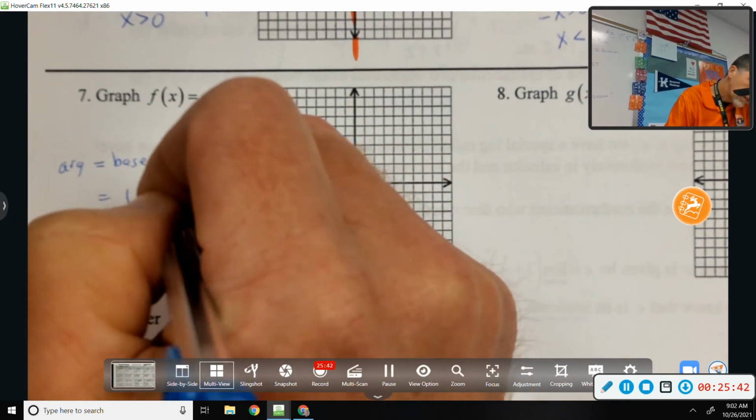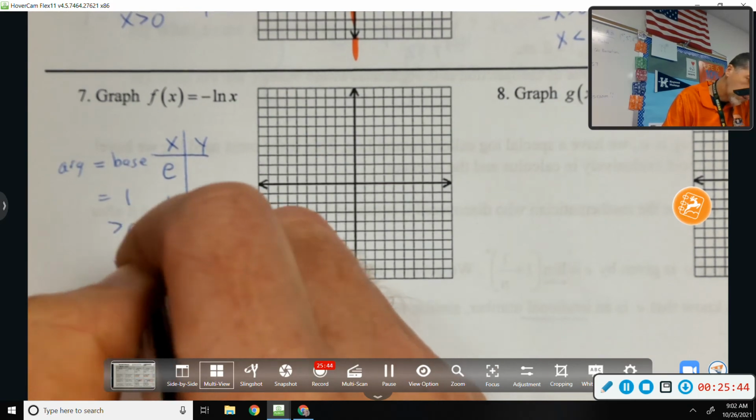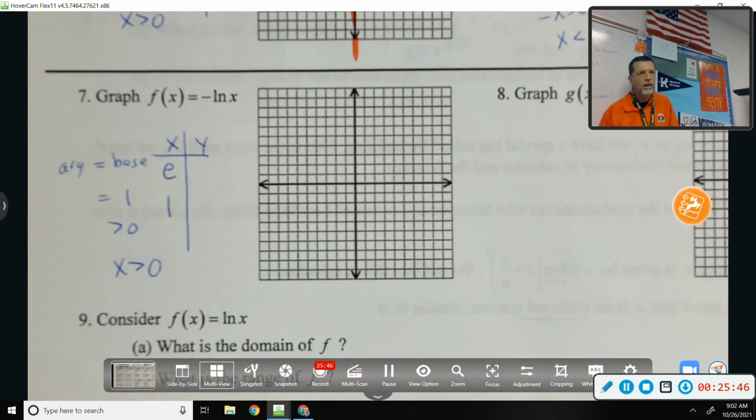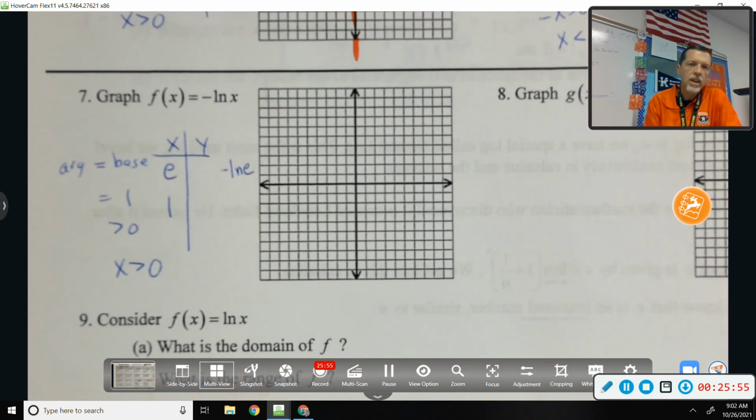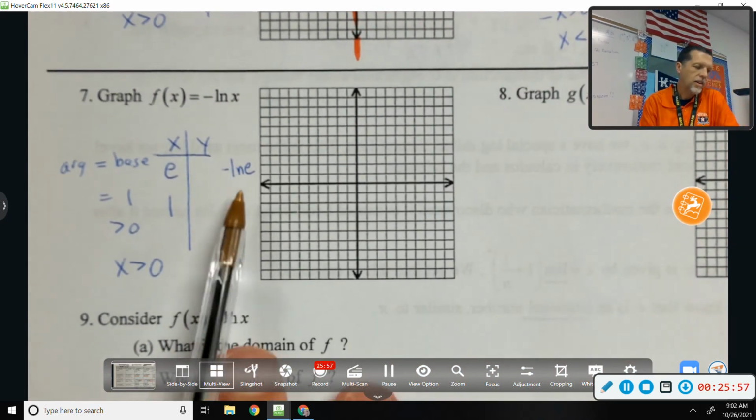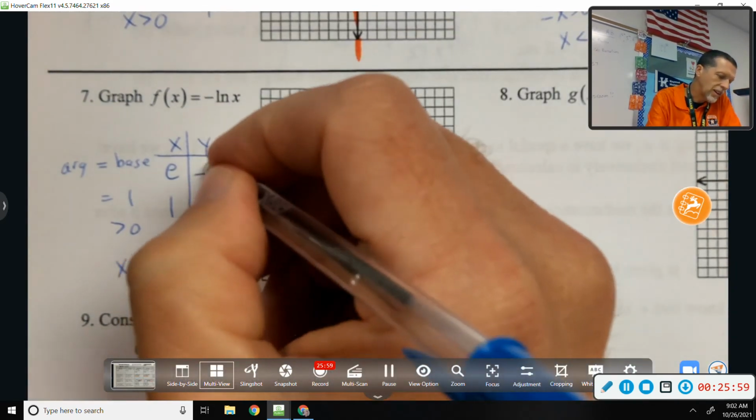So e, 1, and x has to be greater than 0. So the negative natural log of e: well, the natural log of e is 1, but then the negative on it.